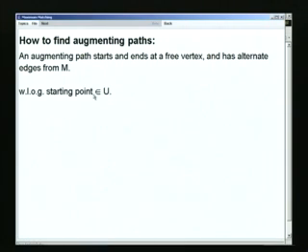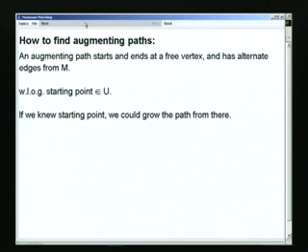So we are given a graph and we want to check whether there exists an augmenting path starting at some vertex in U. If we knew where the path started, we could just try growing a path out of that vertex.